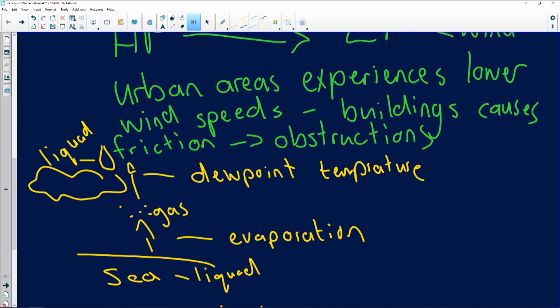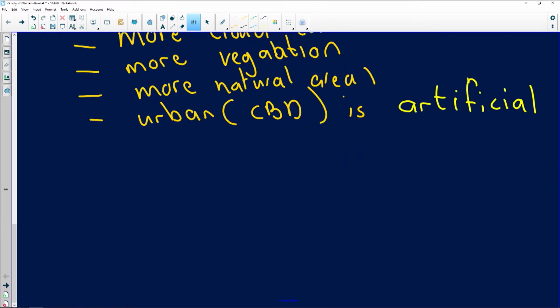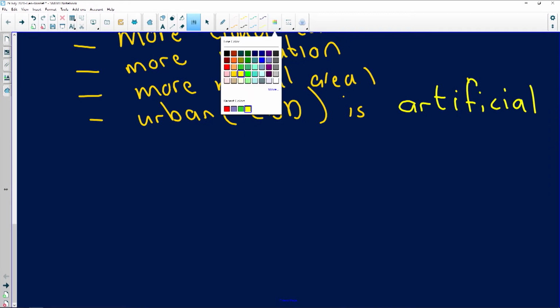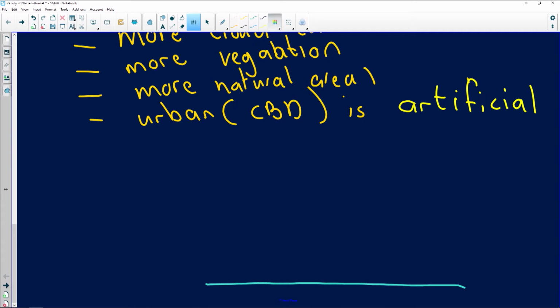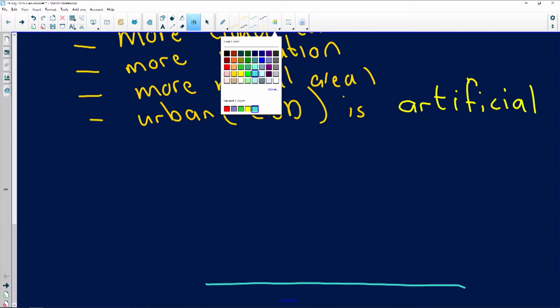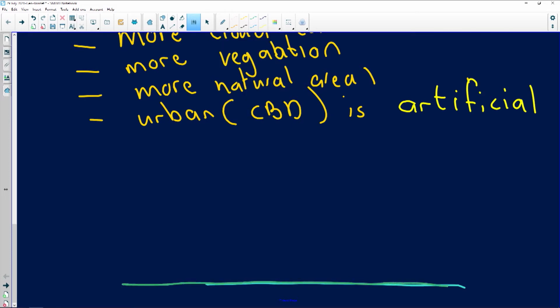Now I'll explain it to you. I'm going to draw you a simple diagram. Let's assume this is a cross profile of a urban area.